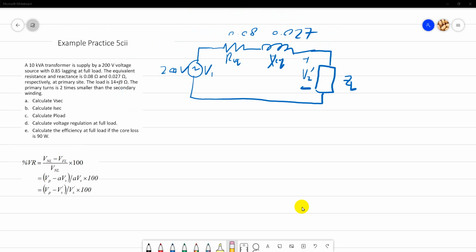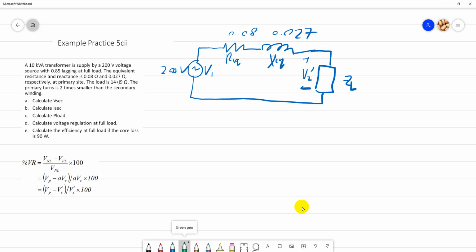So I redraw this back. It's something like this. V1 is 200 and V2 bar is unknown. So when there is no load, basically what happens is this.